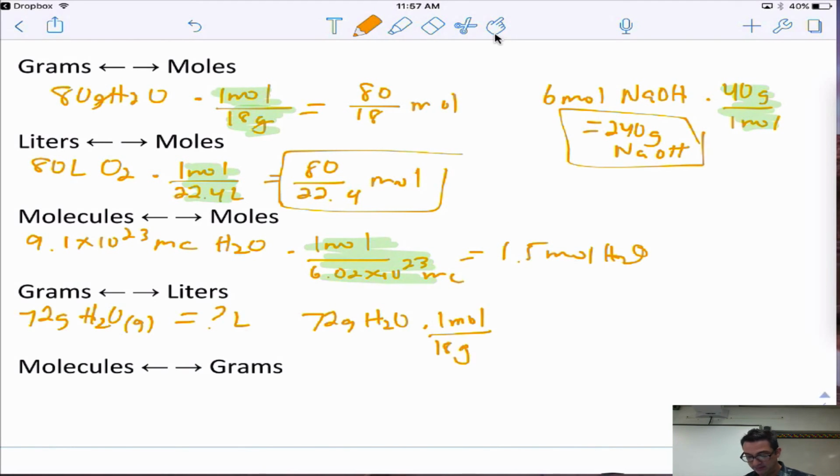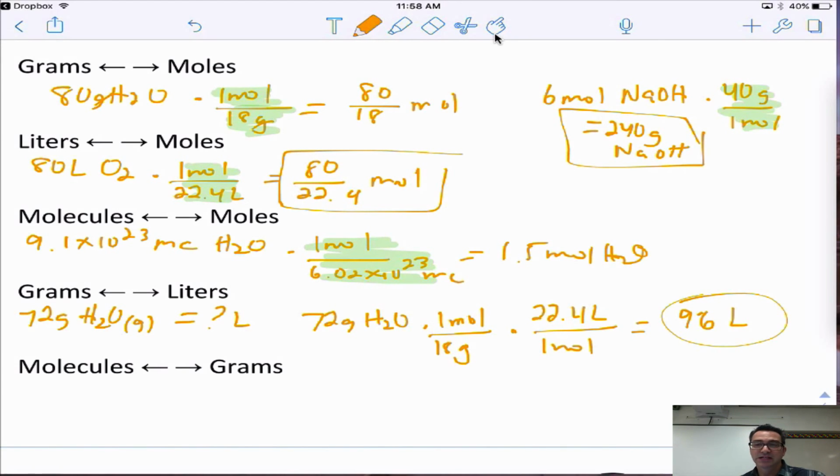That's the gram formula mass. Then I can change it from moles to liters. I could multiply it by 22.4 liters over 1 mole. So if I do this, I get 4 moles times 22.4. So that's like 96 or something? 4 times that, 98. Yeah, I think it's like 96 liters. You can work that out. Tell me that I'm wrong.